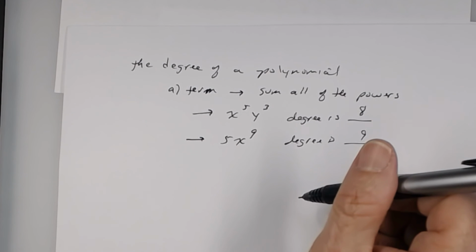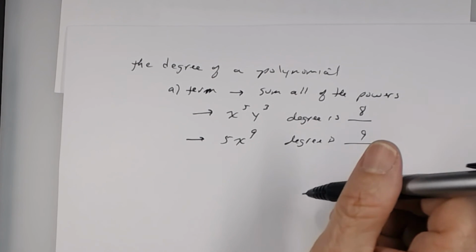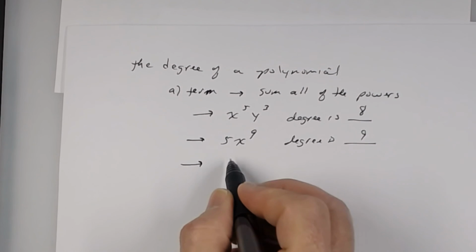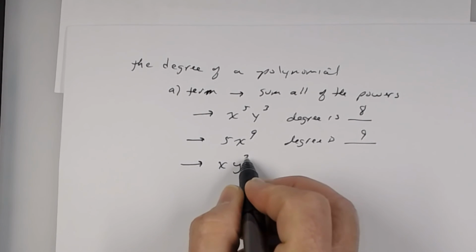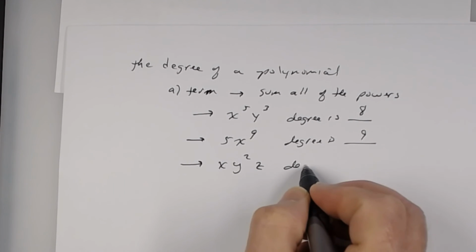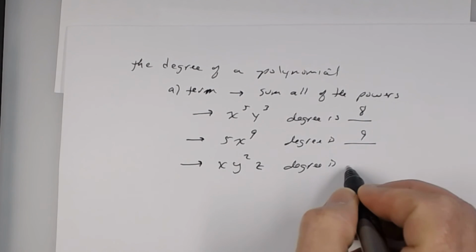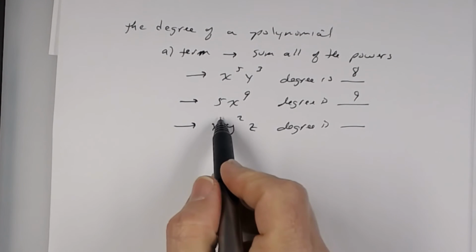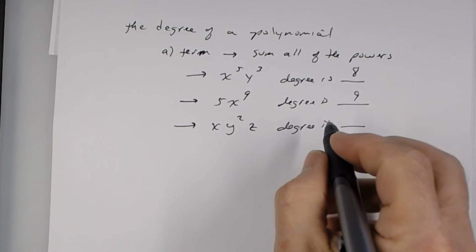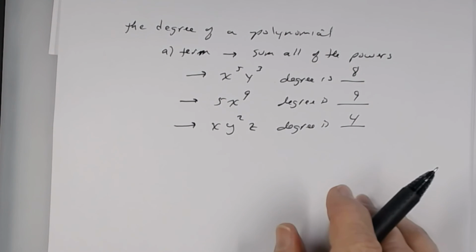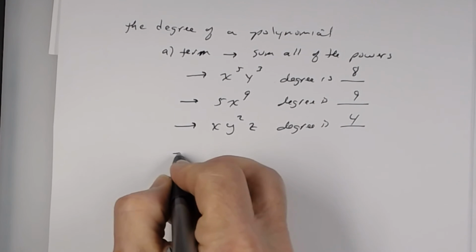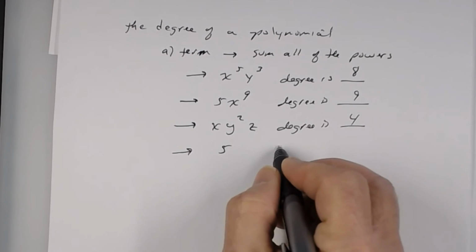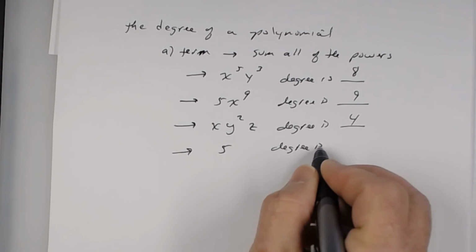That exponent is 9, so that's the degree. X, y squared, z. Degree is blank. What's the degree? 3. No. 4. 1 plus 2 plus 1 is 4. You have to add up the exponents of all of the variables. What about this one? 5. Degree is blank.